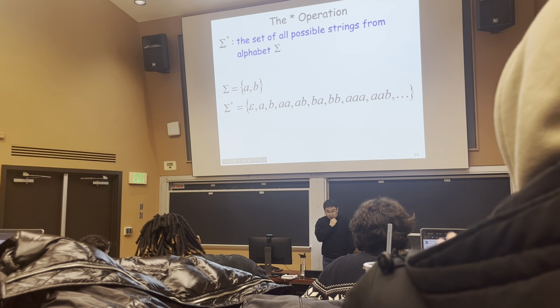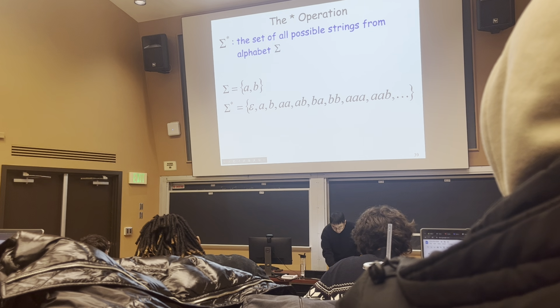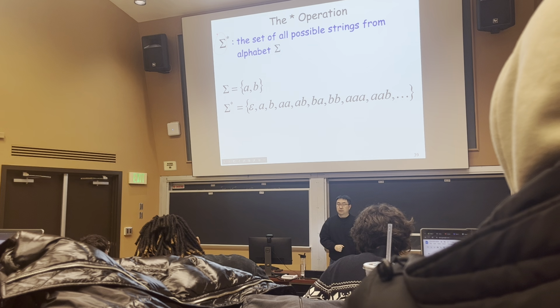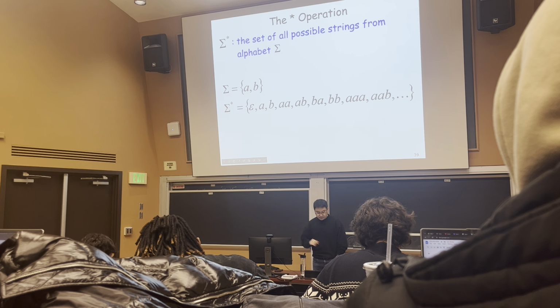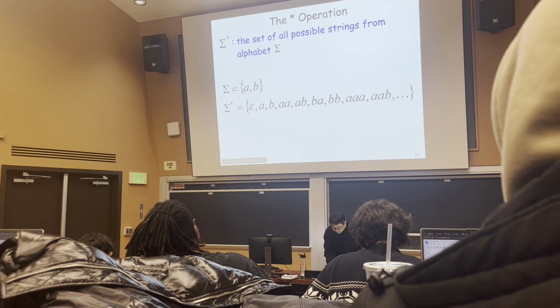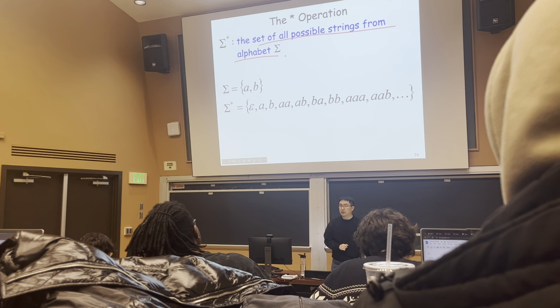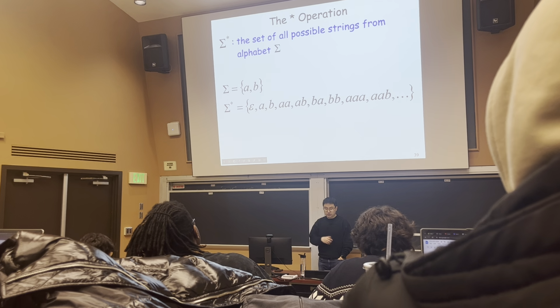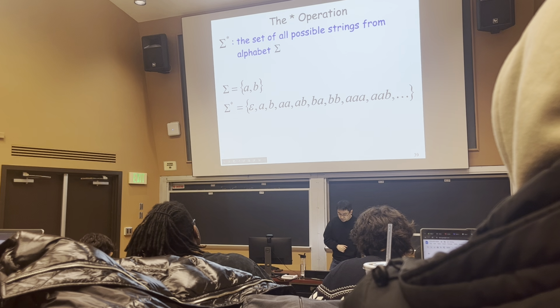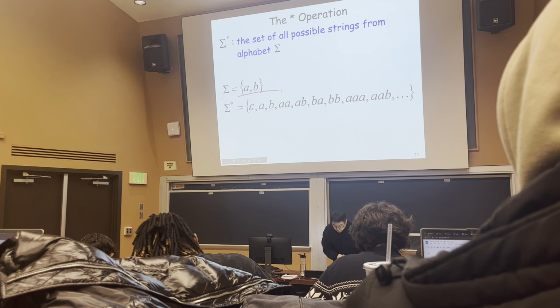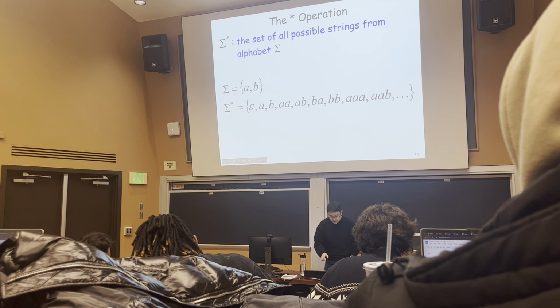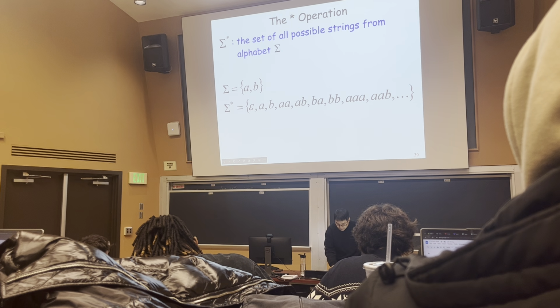There's also the star operation. It is over an alphabet. When you see an alphabet star, it means the set of all possible strings from the alphabet. So if the alphabet includes only A and B, then you can select nothing from the alphabet, and that's the empty string.